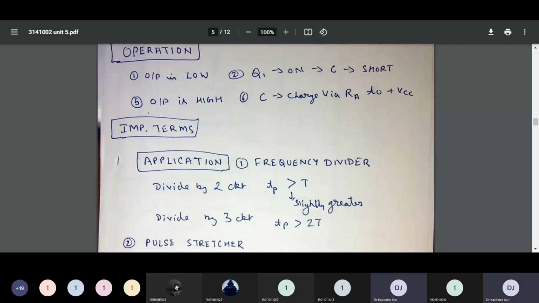So how is it used as a frequency divider? It can be used by adjusting the length of the timing cycle.